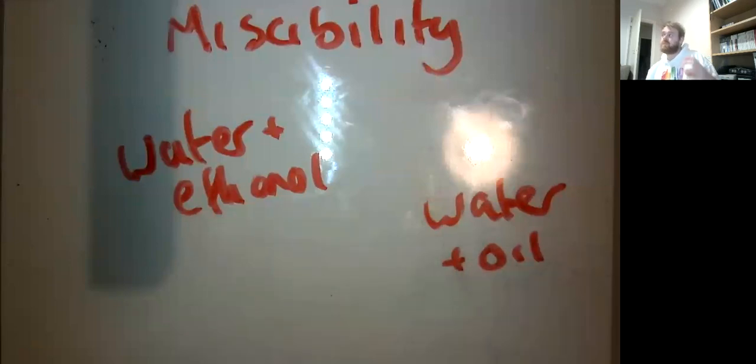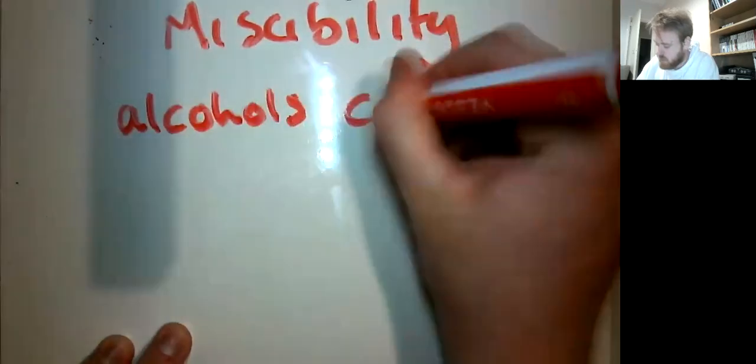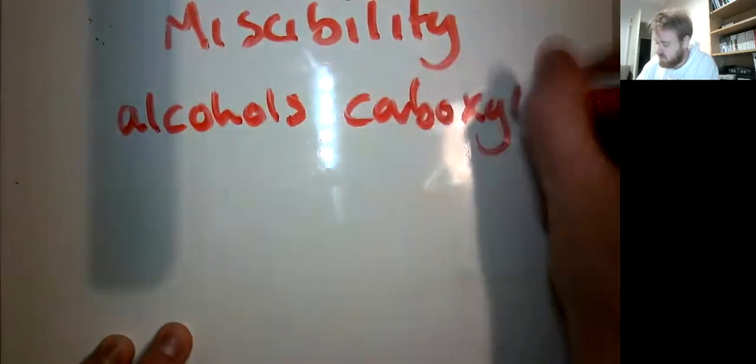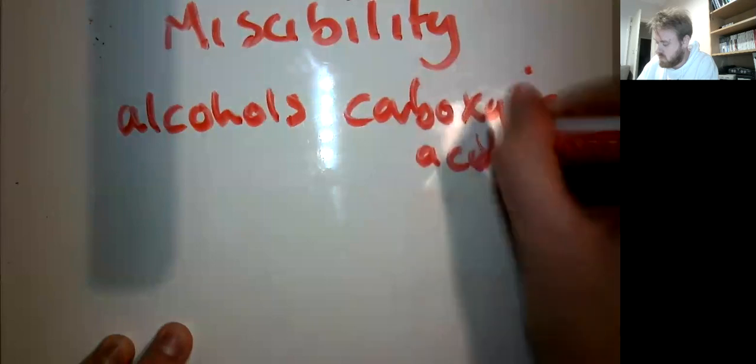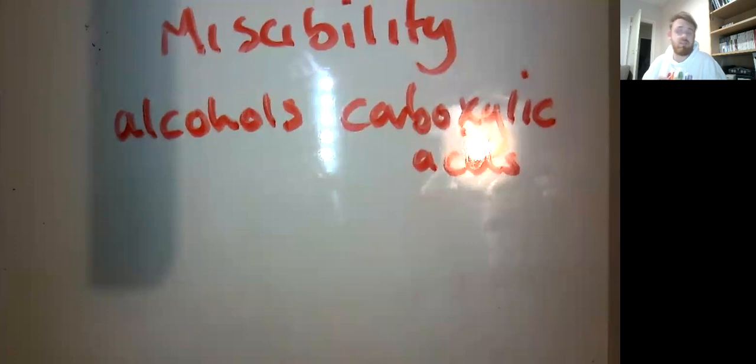Okay? There is a kind of rule about whether something is more likely to be miscible, whether it can mix with water. And this applies only to the alcohols and carboxylic acids. This is not about alkanes. Alkanes very, very rarely dissolve in water because they're so covalent.